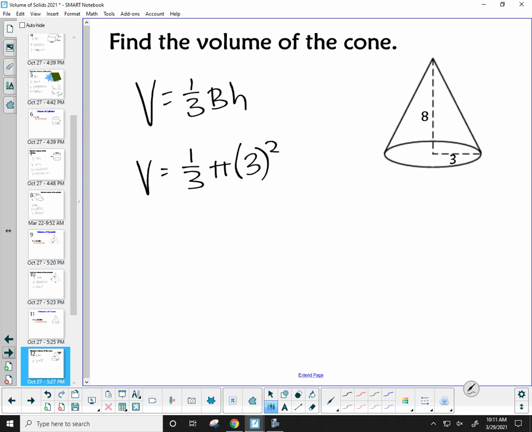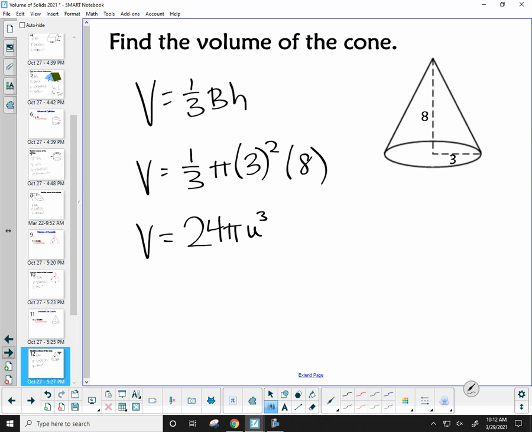Again, we're talking about the axis altitude, right? Straight down, so that gives me 8. We end up with 24 pi cubic units. Good?